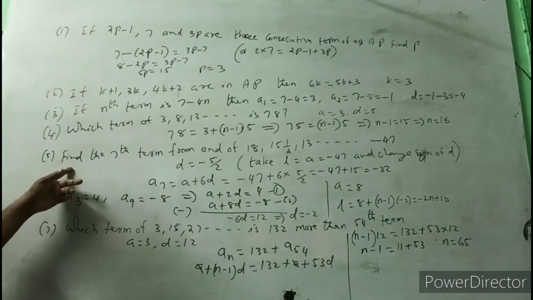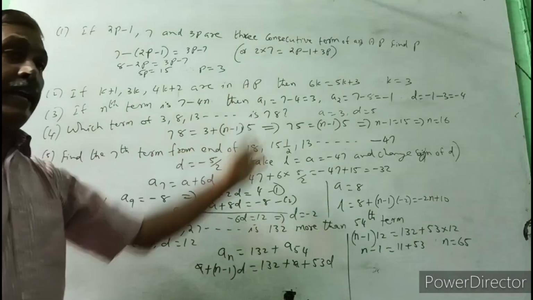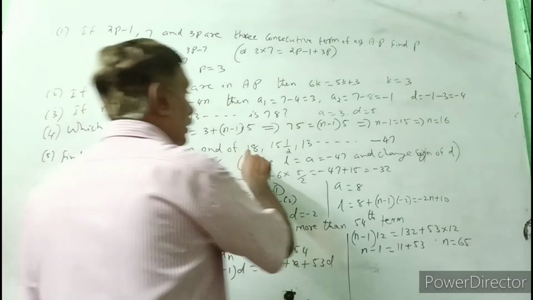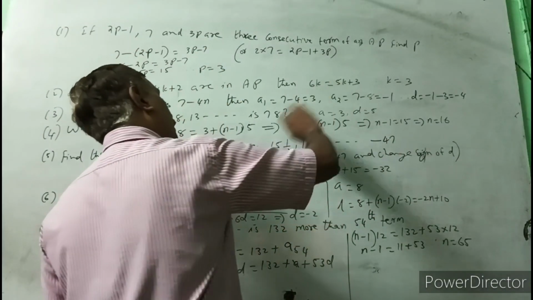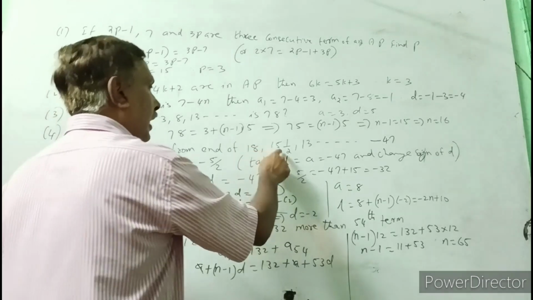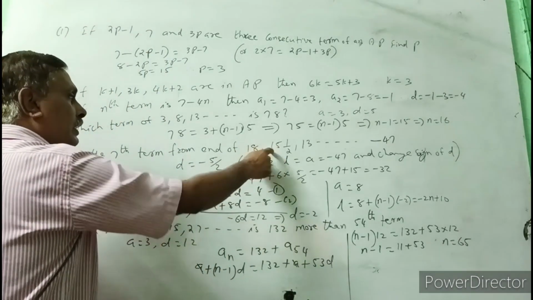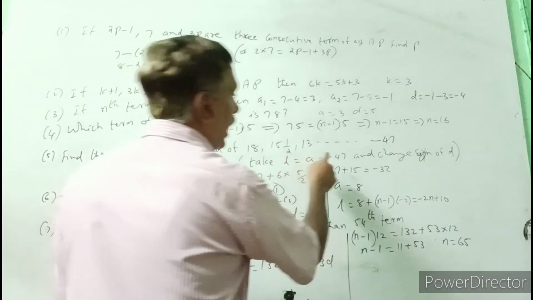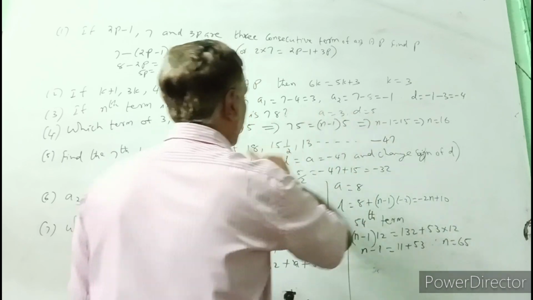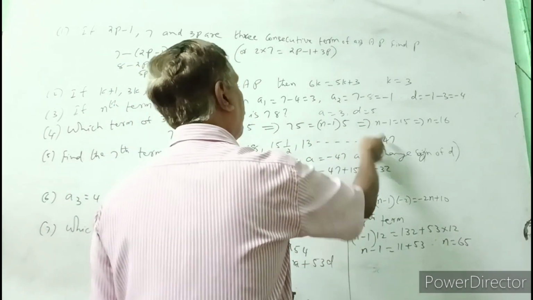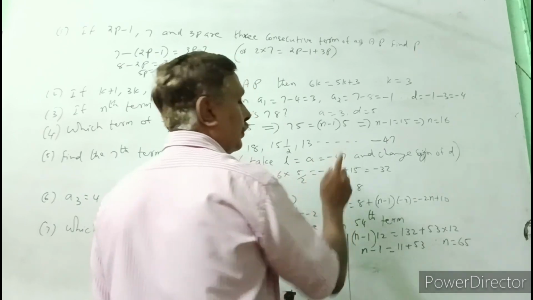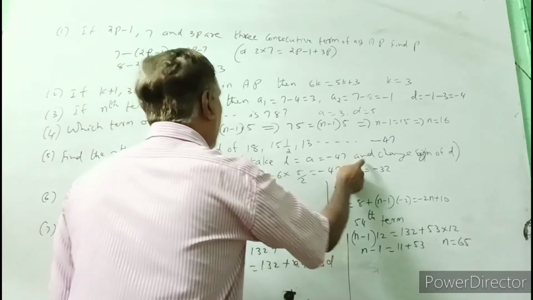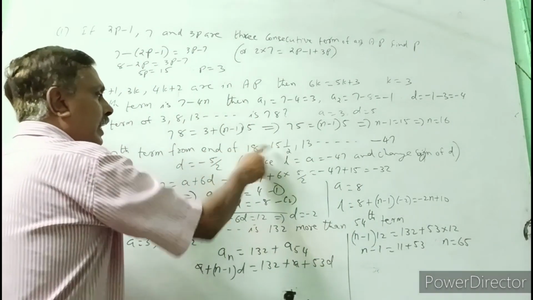Another question is: find the 7th term from the end. From the end, this is going on 1, 2, 3, etc. From the end means from here to back. So for that, first you find out what is the d of this sequence and take the last term as the first term. So the last term is -47, that you take as the first term, and whatever d is present, you change its sign.